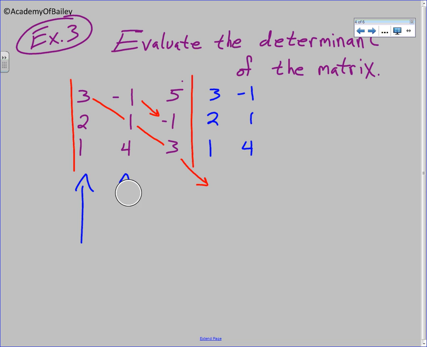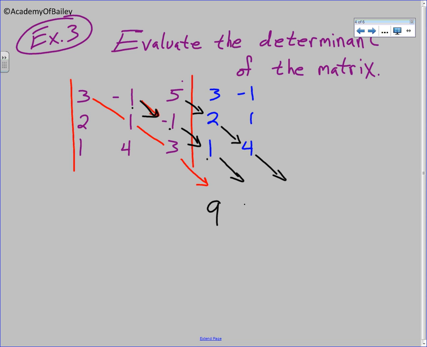So we have those rewritten out there at the end, and now if we look down diagonal, there's first number, second number, and third number, and you multiply those together. And the same thing here. So let's go ahead and do that with the first down diagonal. 3 times 1 times 3 is going to be 9. Second down diagonal, -1 times -1 is +1 times +1.